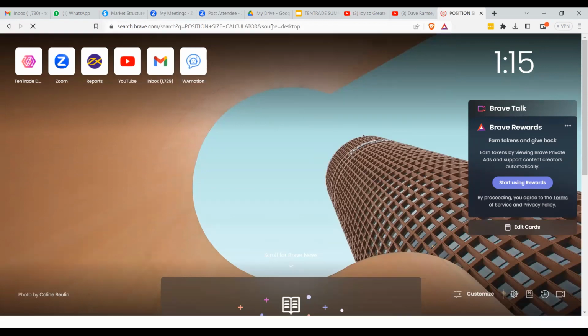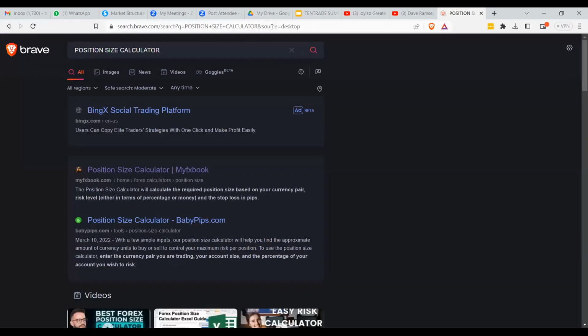If you also search on the Google Play Store or the App Store, you see other mobile apps that will do exactly the same thing. So this one is where you want to come to, the one on the My FX book, this one. This is a link you want to click on to get to that page.